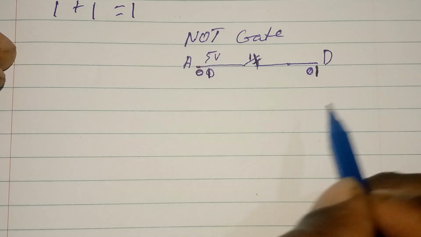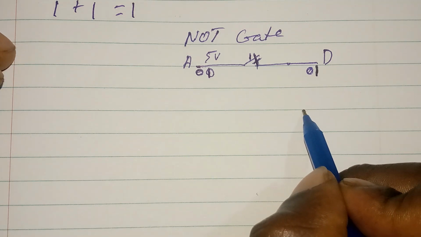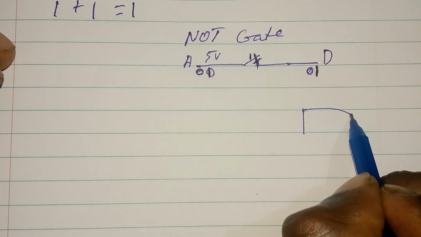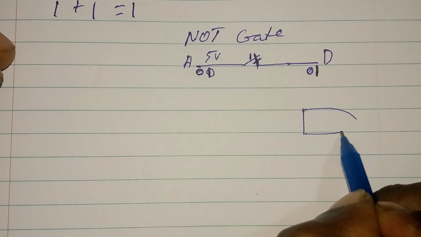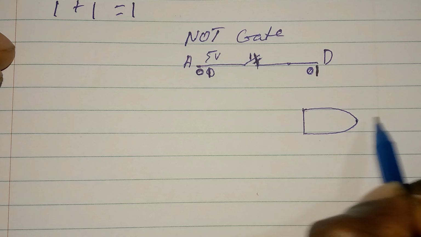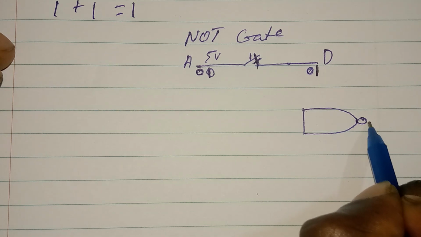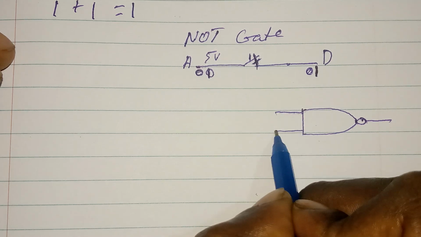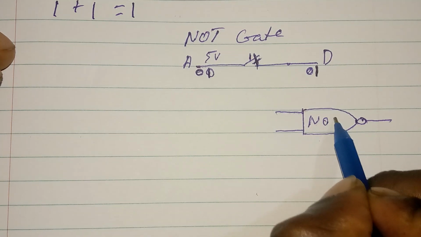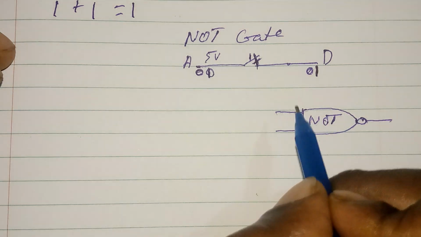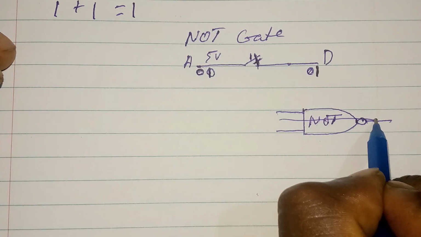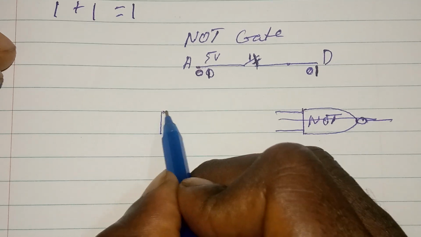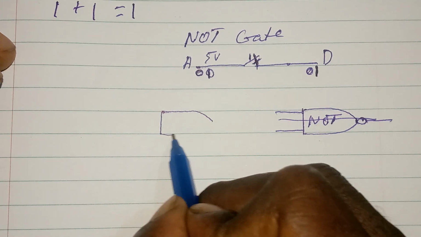Now, the circuit diagram of a NOT gate looks like this. Remember, this is just a rough diagram here. This is the circuit symbol for the NOT gate.